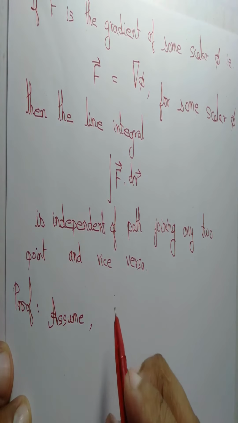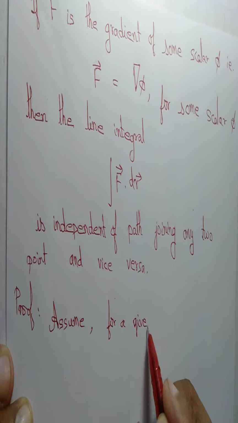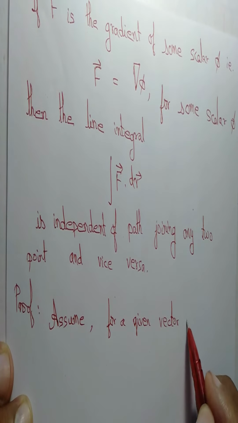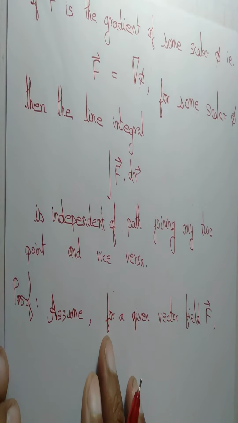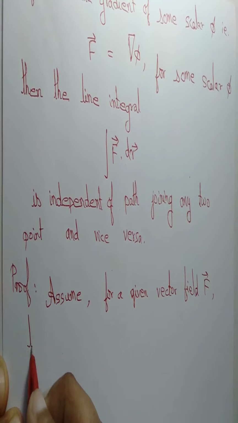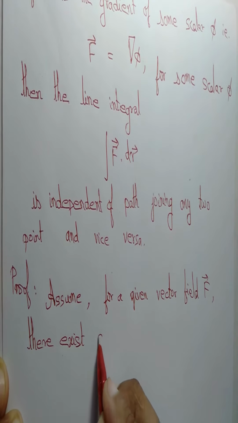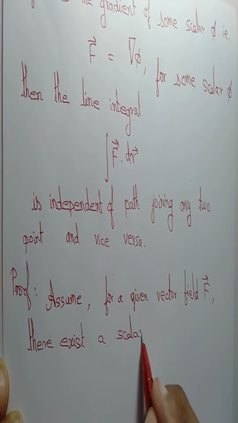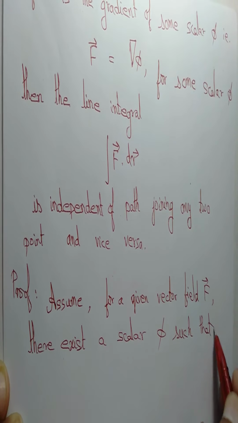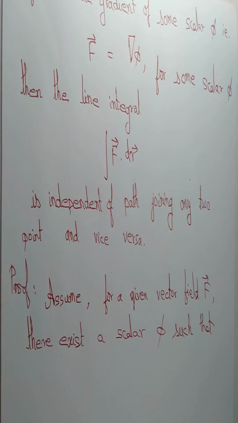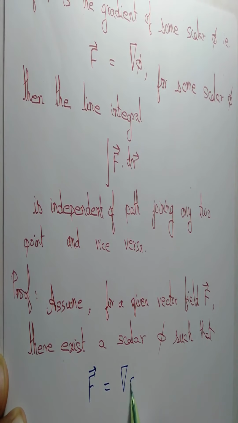Let's assume for a given vector field f, there exists a scalar phi such that f equal to grad phi.